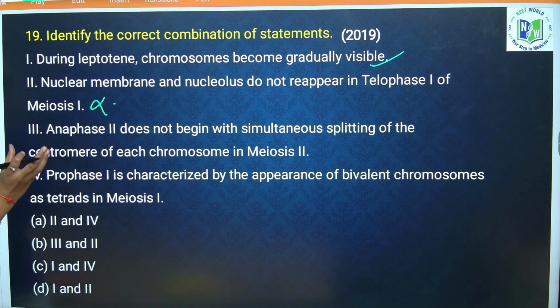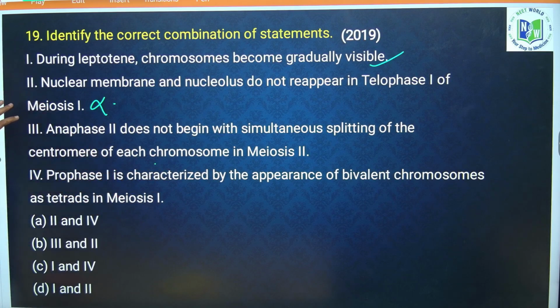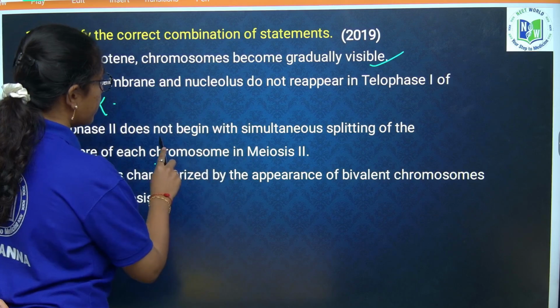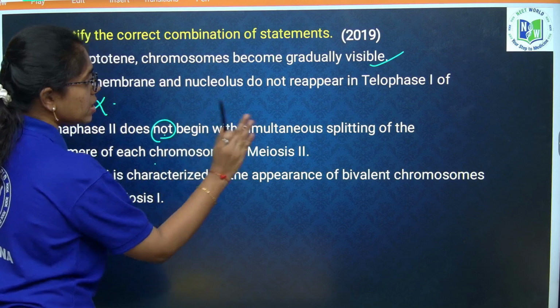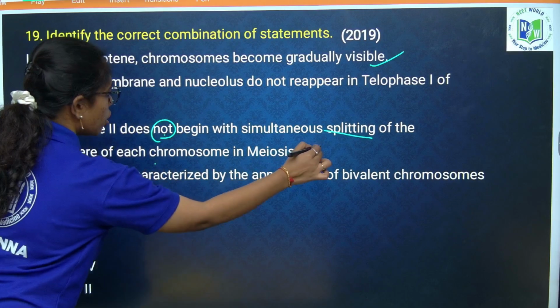Anaphase 2 does not begin with simultaneous splitting of centromere of each chromosome in meiosis 2, he is saying. No, they begin simultaneously with splitting of centromere of each chromosome in meiosis II. So yes, this is wrong.